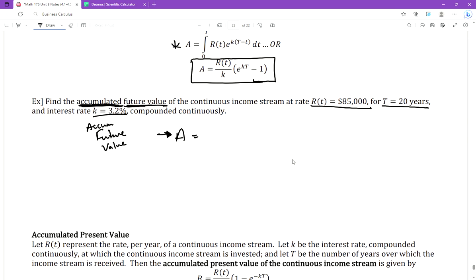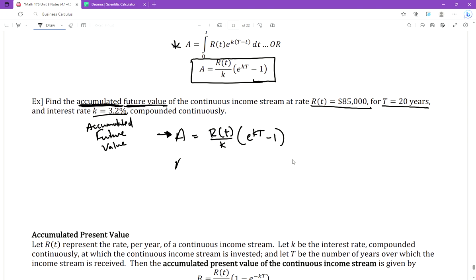Accumulated future value, capital A, is equal to R of t over K. Let me write down the full formula, and then we'll change those letters into their numbers.